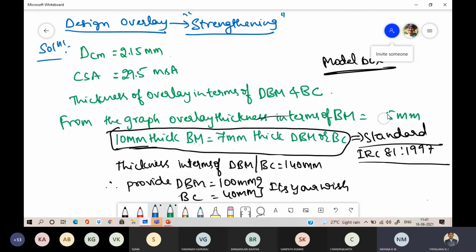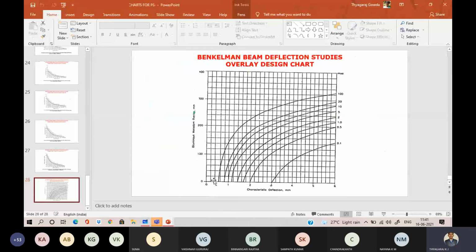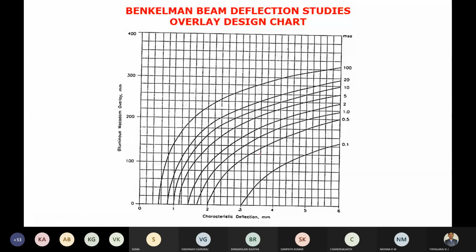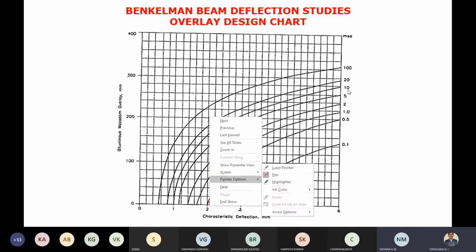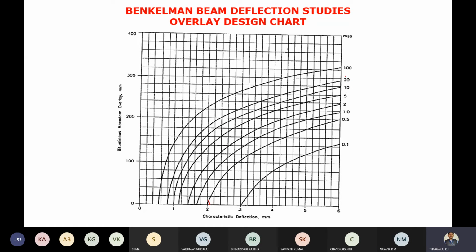Now we'll go for the graph. Deflection 2.15, it will come here. Traffic is 20 or 30; it is 29.5. We are having only the 20 and 100 curves, so we will take in between these two.